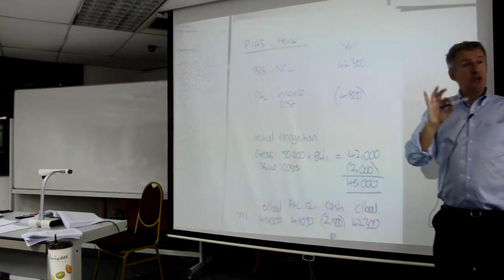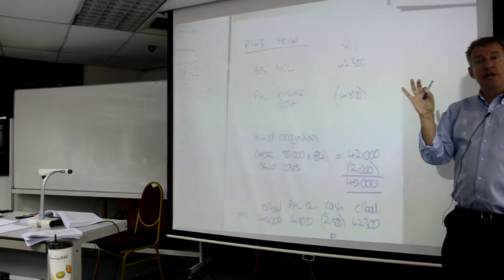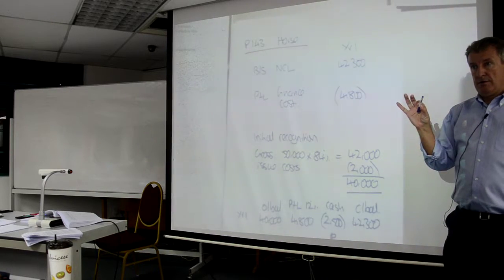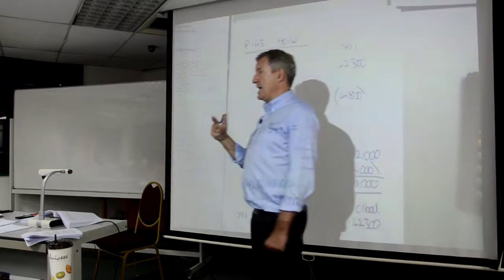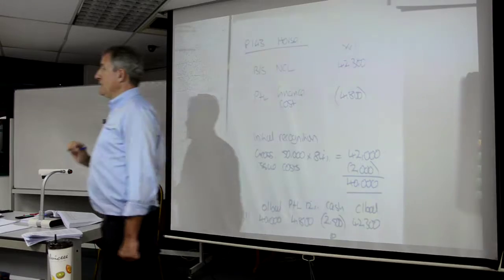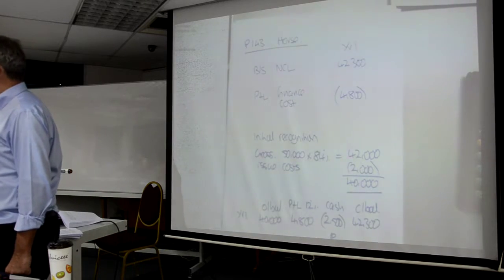So amortized cost is two sides of the same coin. Because if you borrow money, you have a finance cost, but if you lend money, you have finance income.